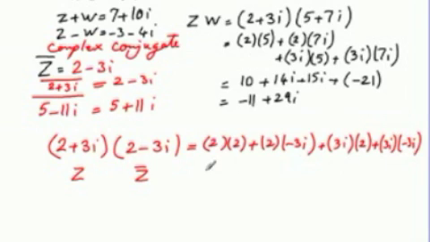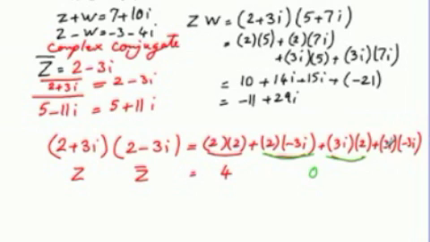Well, what are the interesting things that are going to happen? This is 4. These two, you say what? They cancel out. Whatever it is, one has the opposite sign of the other one, so the net is 0 here. And another interesting thing happens here. 3i times minus 3i.